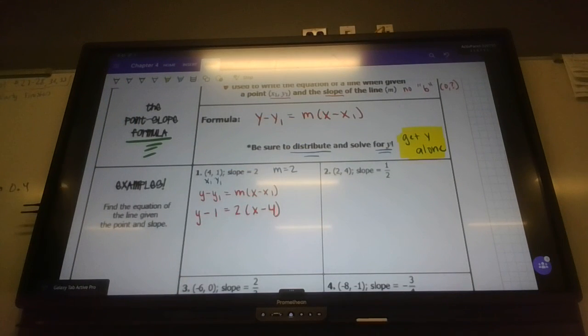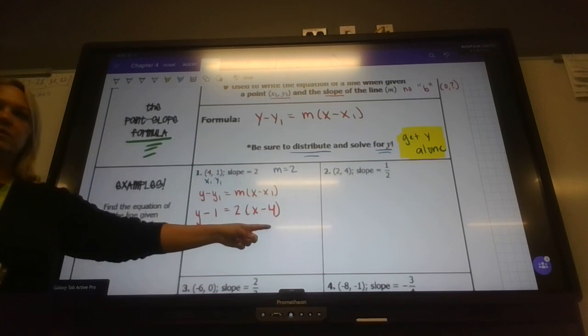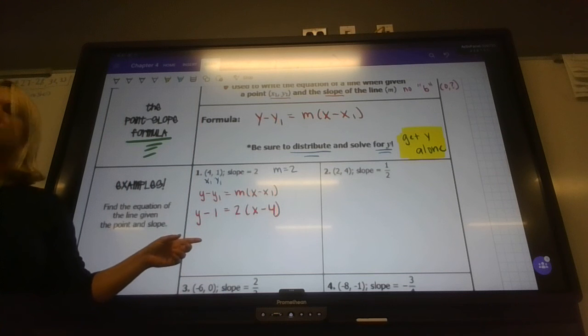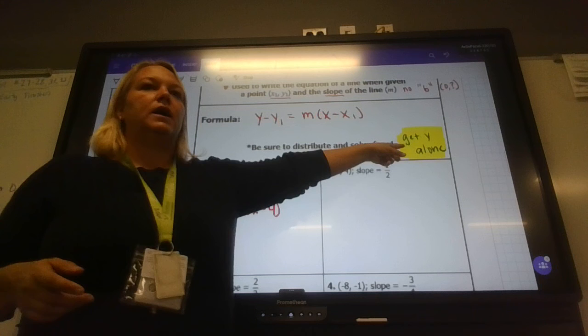And this is called point slope form. Every now and then you'll be asked a question just about plugging in, where you stop here. But the real thing is to actually distribute and get y alone, so that you end up in y equals mx plus b.